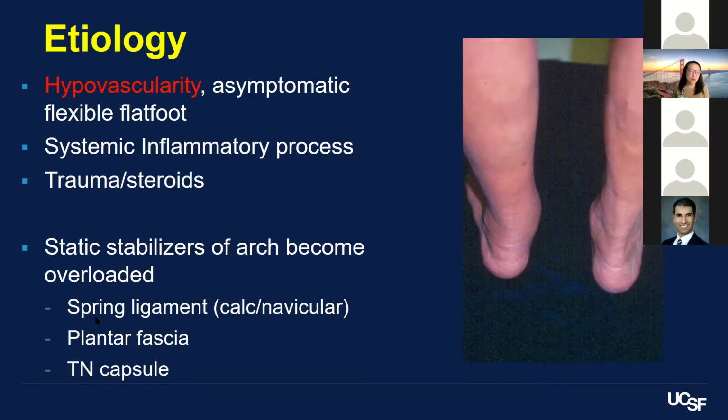The posterior tib tendon, as I said, is the dynamic stabilizer of the arch. So when that starts to fail, your static stabilizers start working. That's the spring ligament, the calcaneonavicular ligament we talked about, also the plantar fascia and the talonavicular joint capsule.